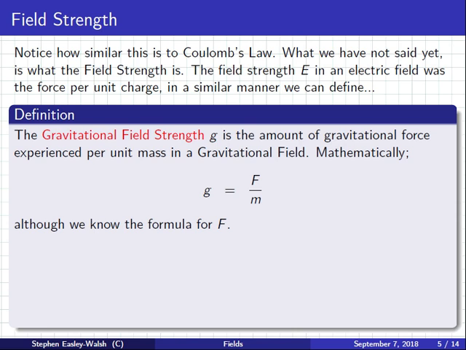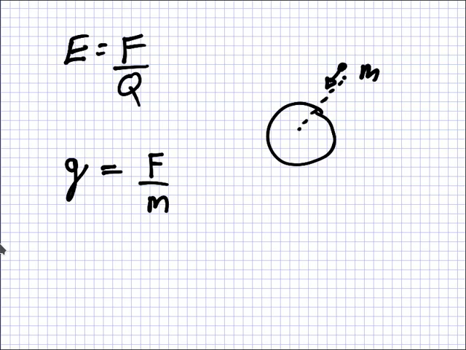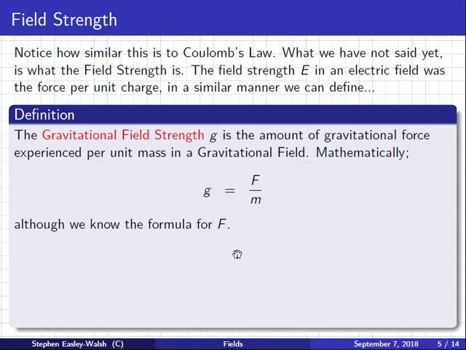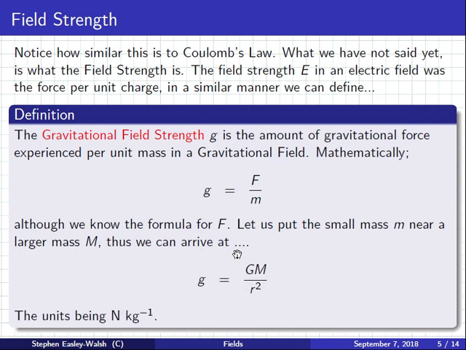Okay. Now, we know a formula for F. So, for example, if that's M and that's big M, then you could say that's G M m over R squared, over m. So that cancels with that, and you can be left with this formula.